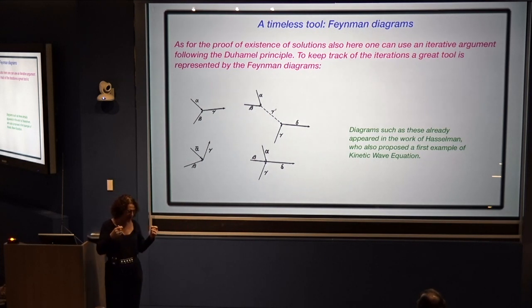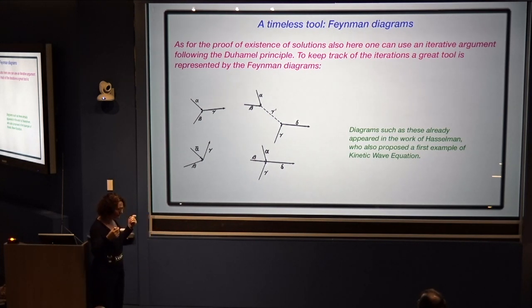You remember when I was trying to prove the existence of solutions, I said an iterative method is used. You use the Duhamel expression, and then you keep feeding it inside the nonlinearity. In there, we only needed to understand the interaction of 4 linear solutions. And that was enough for the existence.